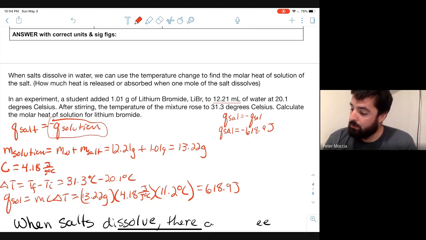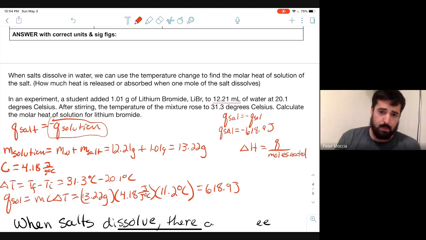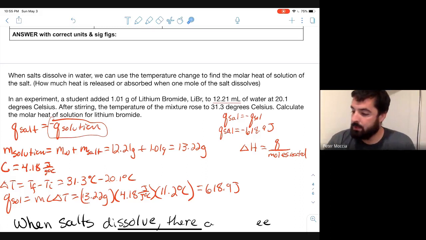So then what we can do is find the molar heat of solution, that would be delta H in this case, which is equal to Q divided by moles reacted. And so we have to find the moles of LiBr that dissolved.